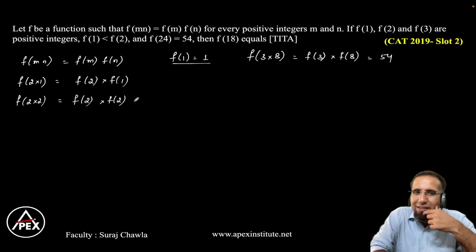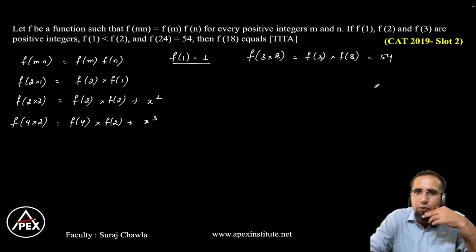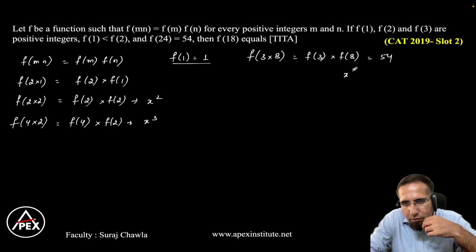Let me take f of 2 as x, so that becomes x square. Similarly, f of 4 into 2 will be f of 4 into f of 2. Now f of 4 is x square, into x will eventually give me x cube.